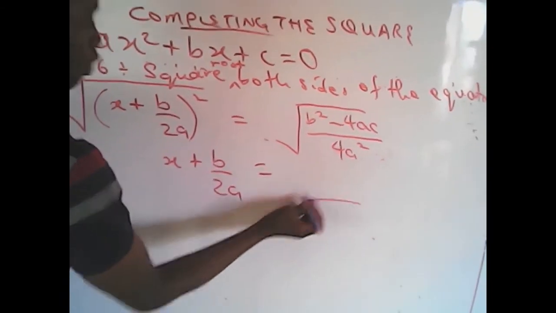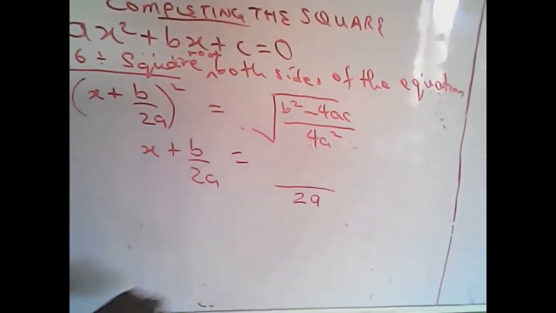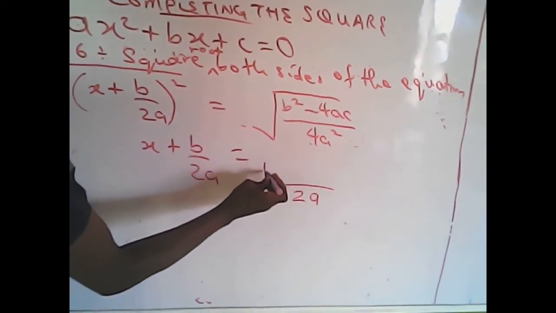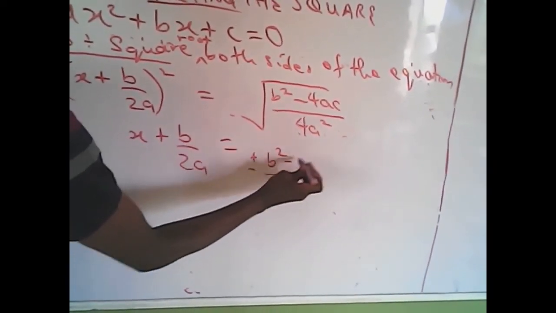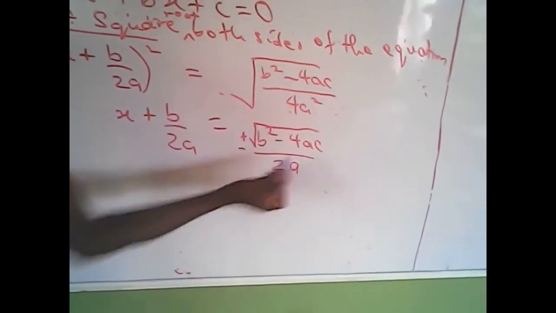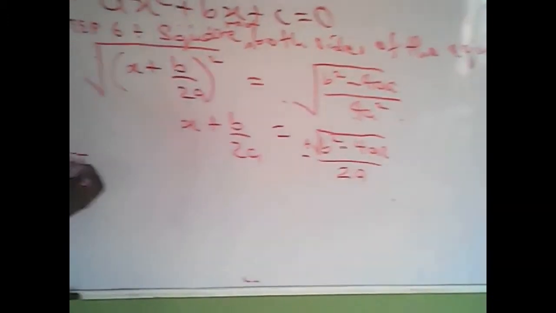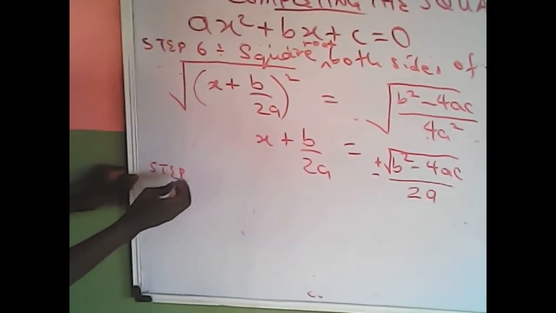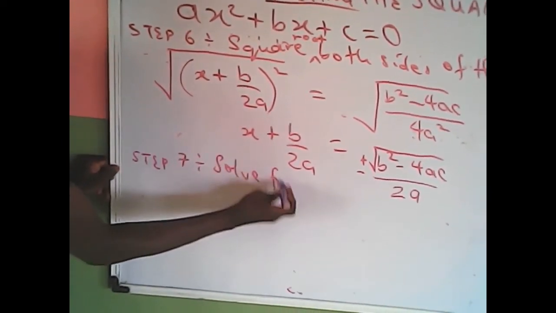And what is the square root of 4? Is 2. The square root of a squared is a. And that means we are going to obtain plus or minus, then we now have b squared minus 4ac or root, because this is not a perfect square. Now the last step, or let me just say second to the last step will now be solve for x.